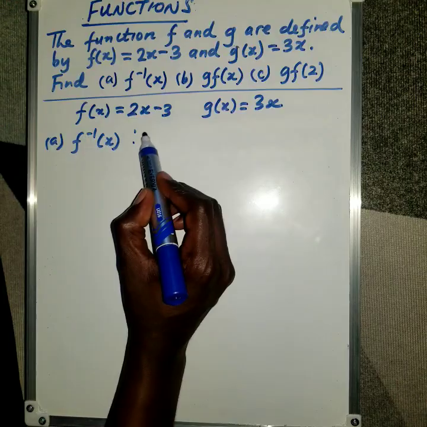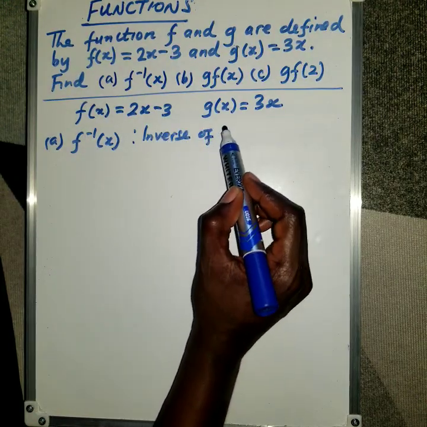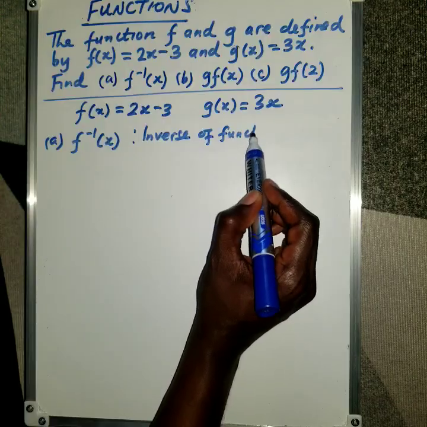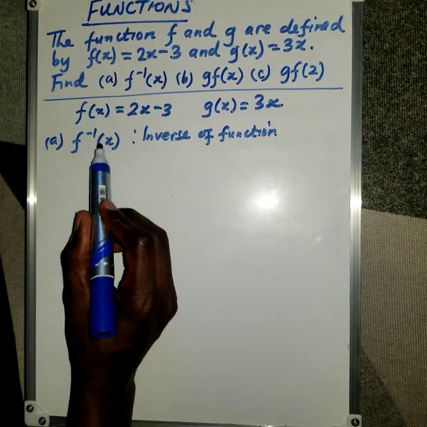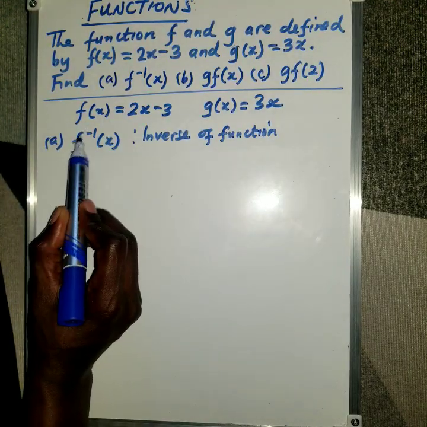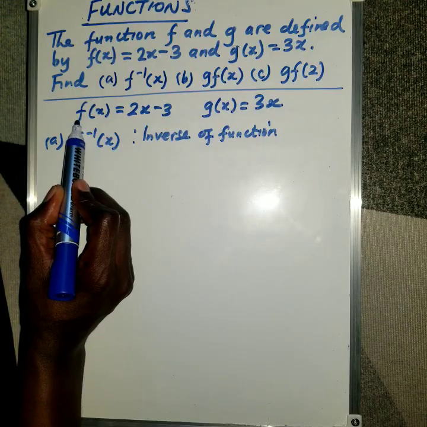So the moment you see this, they are telling you to simply find the inverse of the function. Now how do you find the inverse of a function? Well, since it's f they have used, it means they want you to find the inverse of the function f of x.